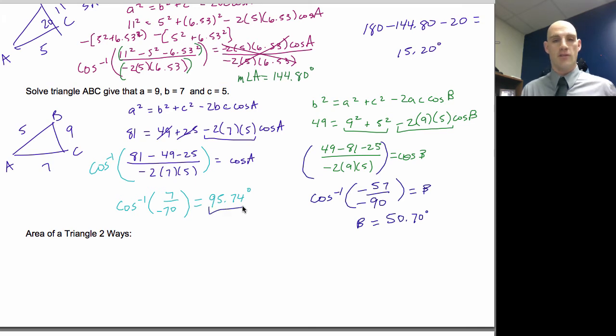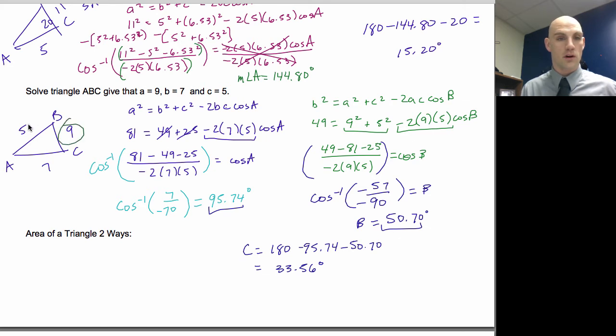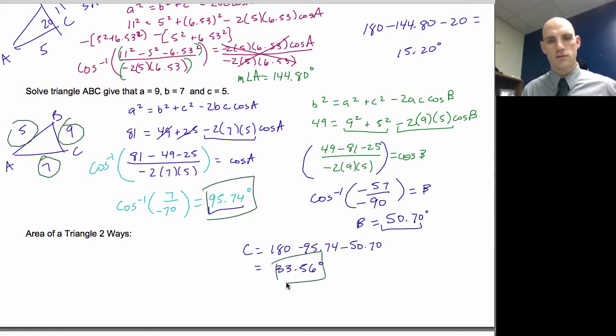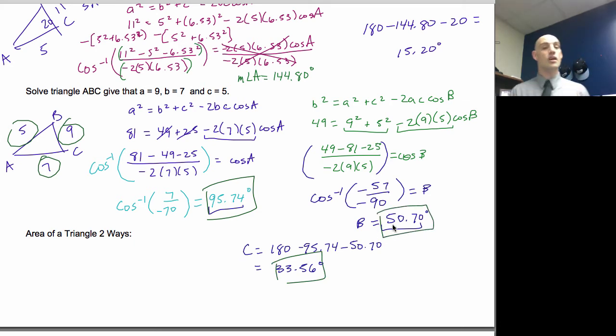And so now I have two angles, so C is equal to 180 minus 95.74 minus 50.70, which is going to give me 33.56 degrees. So 1, 2, 3, 4, 5, 6 pieces of information. That's law of cosines, okay?